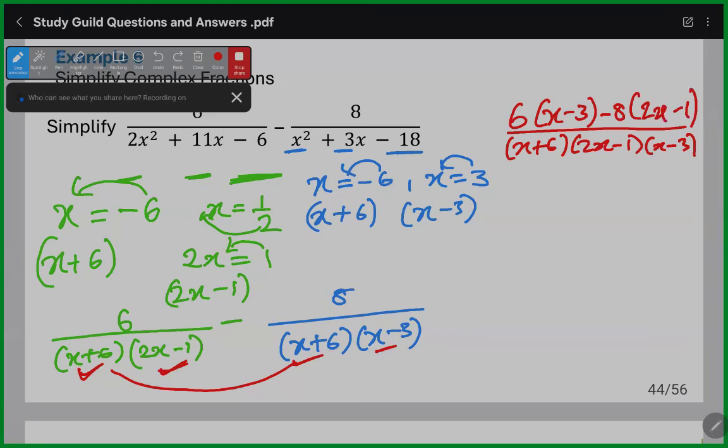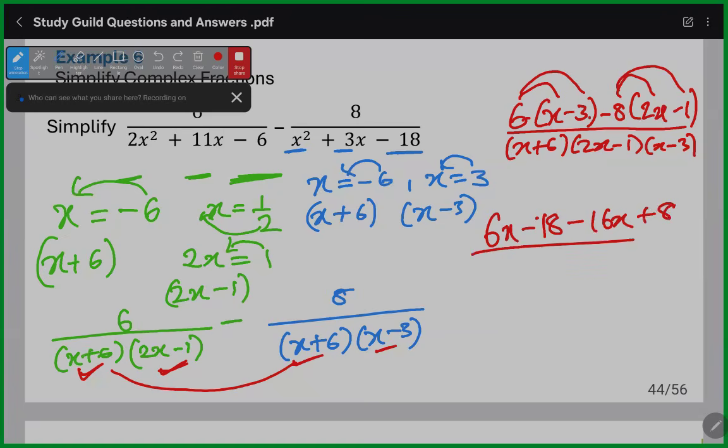Okay, so you spread it by doing distributive property. So you have 6x minus 18, because 6 times 3 is 18. Negative 8 times 2x will give you negative 16x. Negative 8 multiplied by negative 1 will give you plus 8. Then over x plus 6, 2x minus 1, x minus 3.